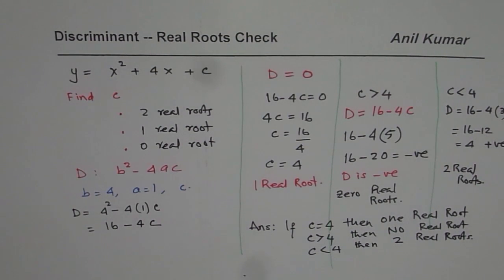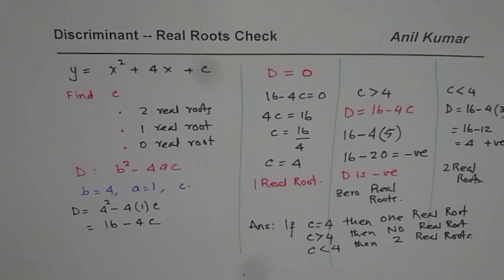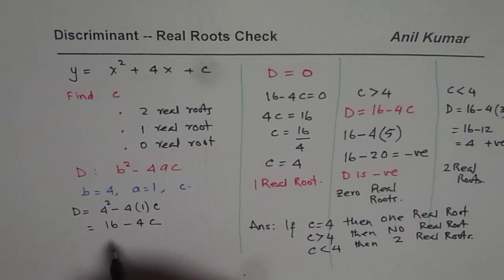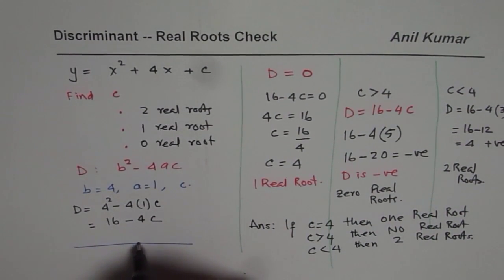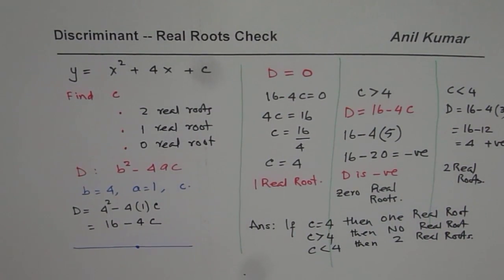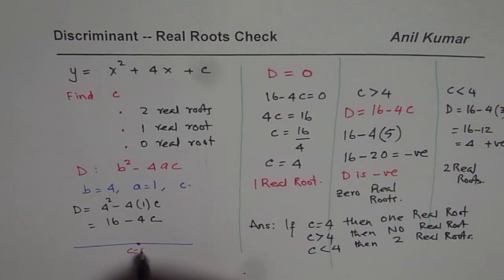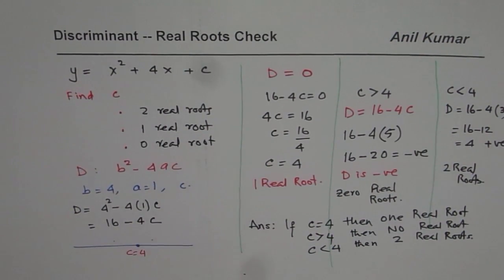In such questions, first find out for what value of the coefficient you're working on the discriminant is 0, right? Once you figure that out, you test the value on either side. Do you get the point? So find 0 first. We found that it is 0 for c equal to 4. Then you check for the other 2 points, a value greater than 4 and less than 4, as we did in this case.